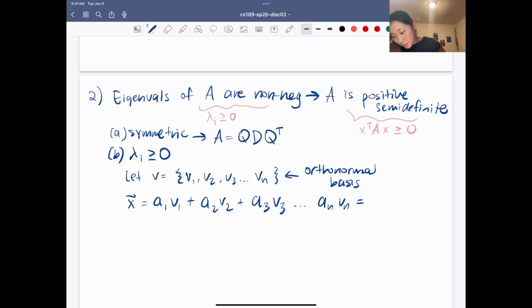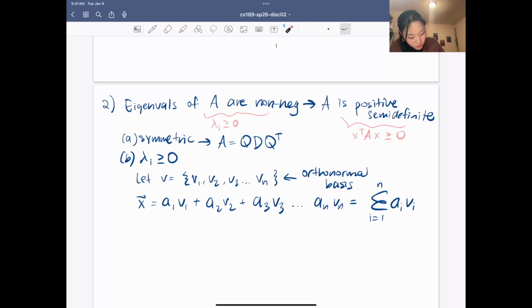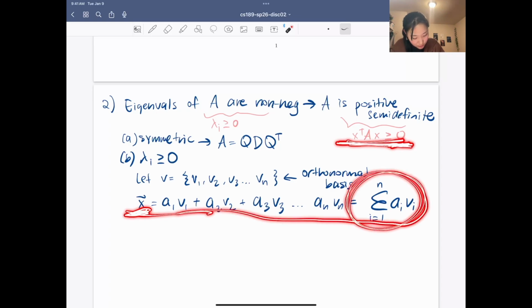And with some gorgeous mathematical notation, we can write this as the summation from i equals 1 to n of ai times vi. And we want to show that this is true, and we have some equation for x being equal to this.